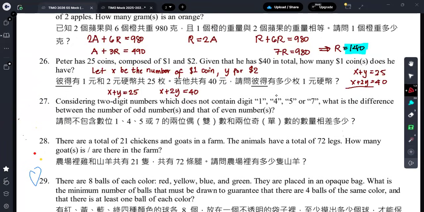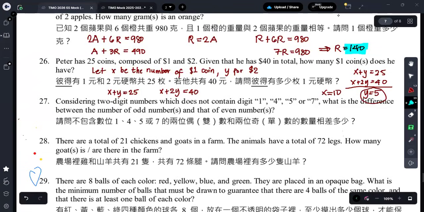You subtract this one. You will have Y is equal to 15. So if Y is equal to 15 and X plus Y is equal to 25, your X is equal to 10. Okay, so the answer for this is 10. There are 10 $1 coins.